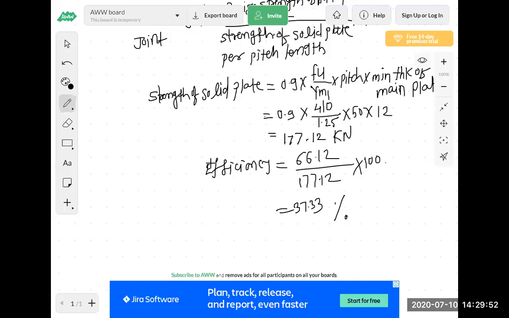So in this way we can find out the efficiency of the joint. So this is our example number 3, and we have seen 3 examples on the load carrying capacity of the bolted joint under type 1, and those 3 examples are sufficient for type 1. Okay, now we will move towards type 2.